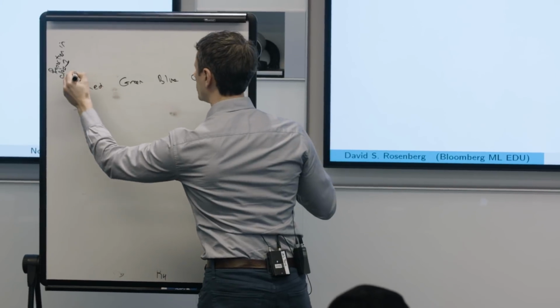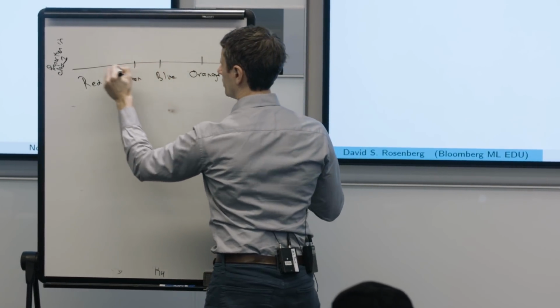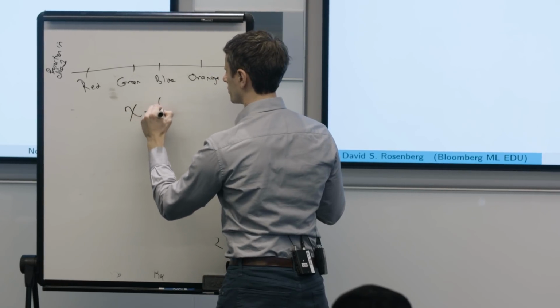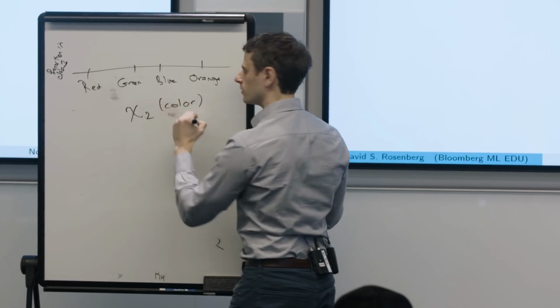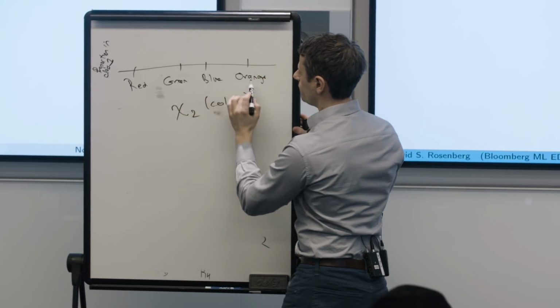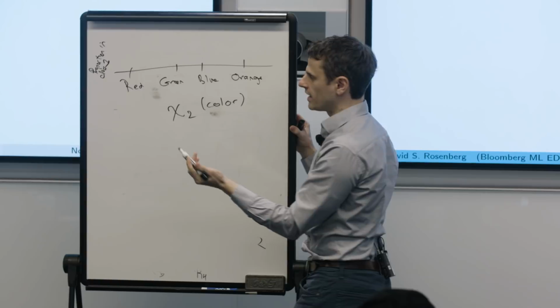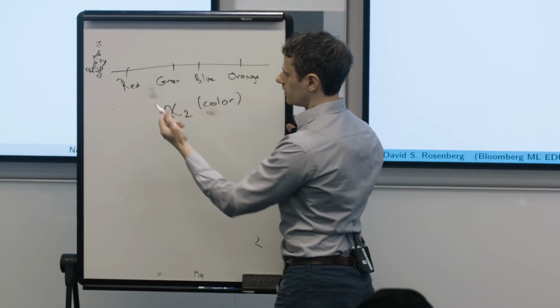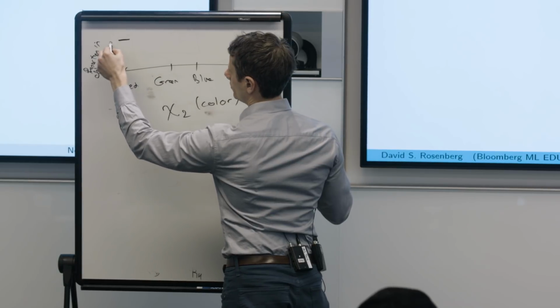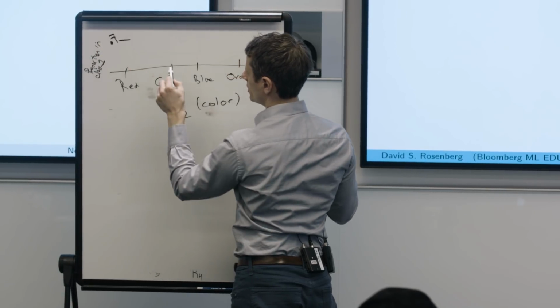So red, green, blue, orange, this is a particular feature, x2 for instance, color. For each of these 4 discrete values of the feature, there will be a proportion of training examples that have class 1. And we can sort them, so this is going to be in sorted order.